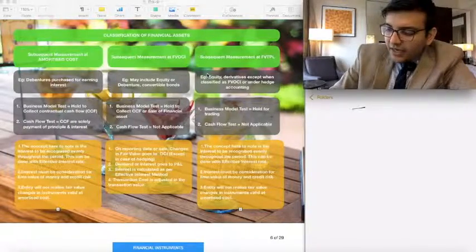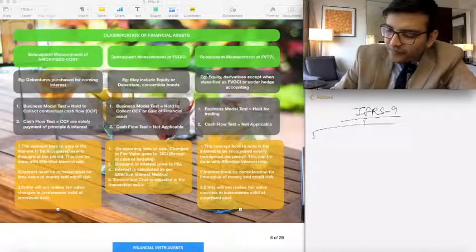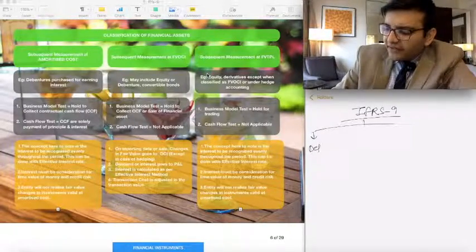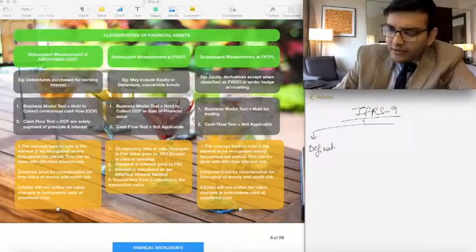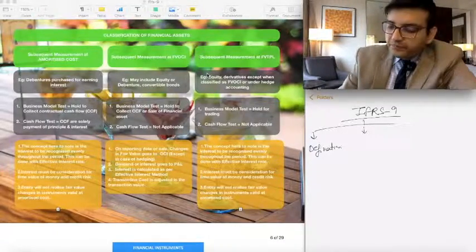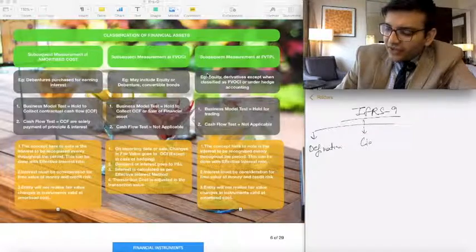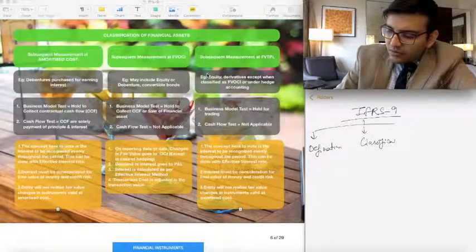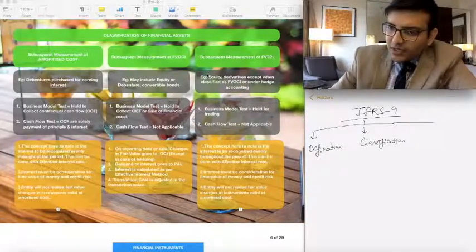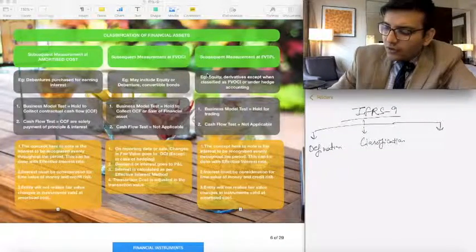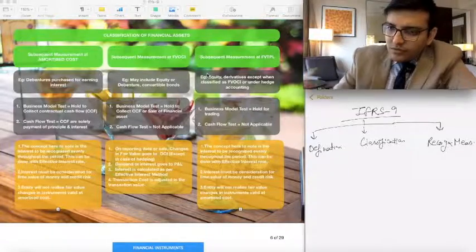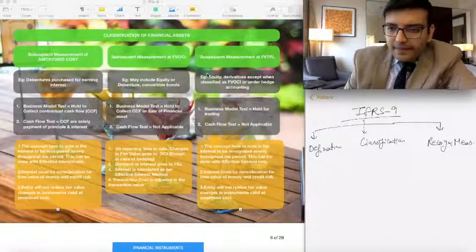Basically in IFRS 9, first we have gone through the definitions, right? Now we'll go for what is the classification criteria in IFRS 9, right? Number 3 will go for recognition and measurement, and last we will go for the disclosures.